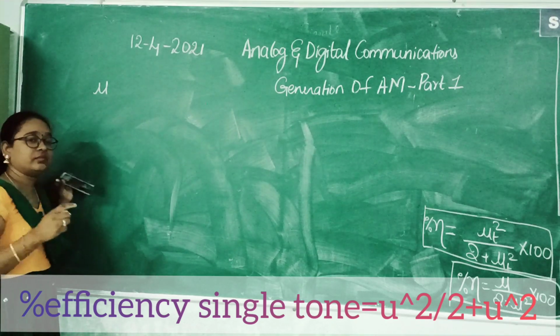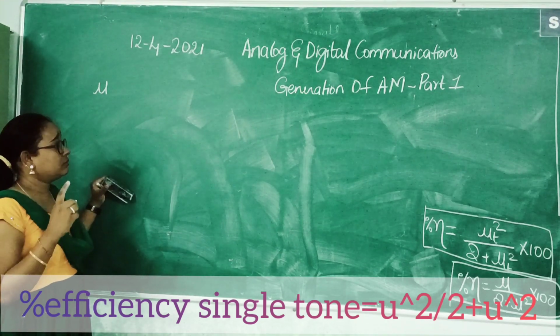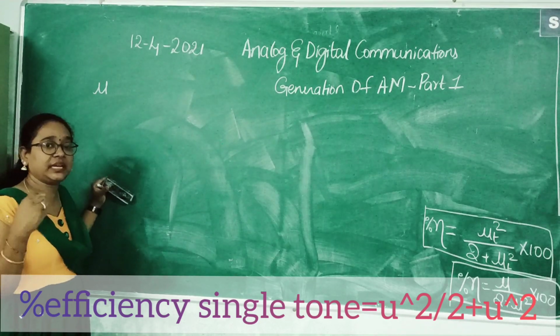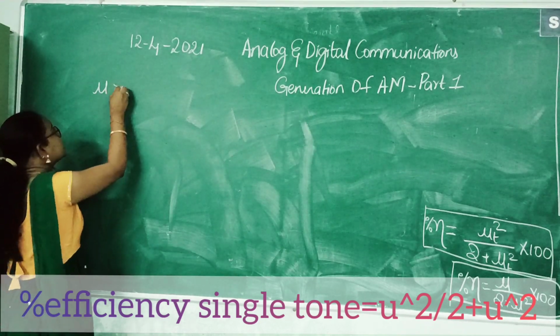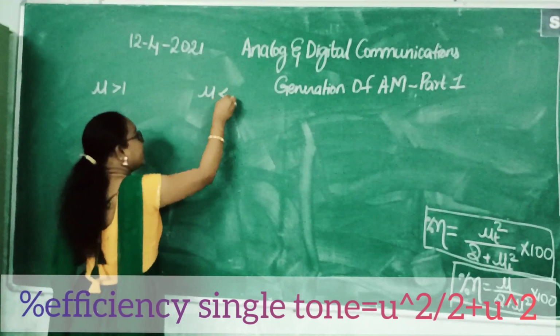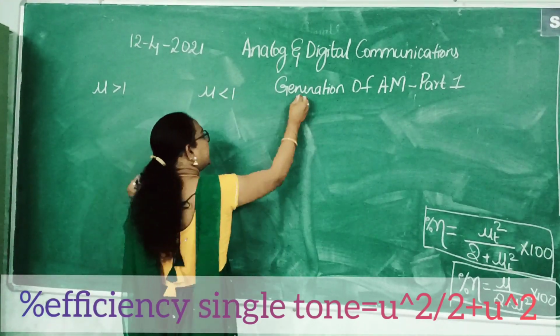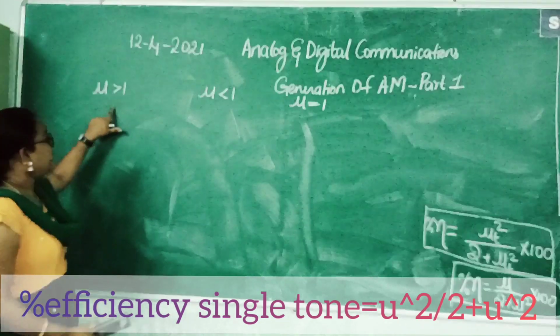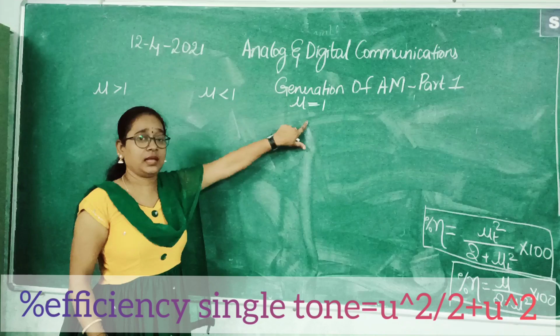According to the normalization of modulation index to 1, we have 3 types: mu greater than 1, mu less than 1, and mu equal to 1.